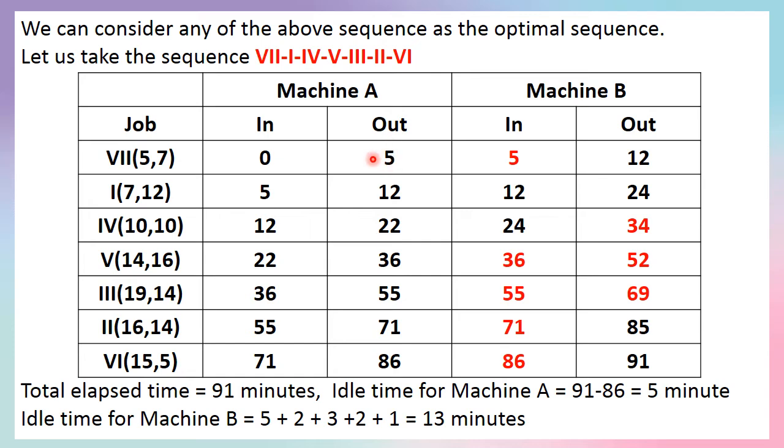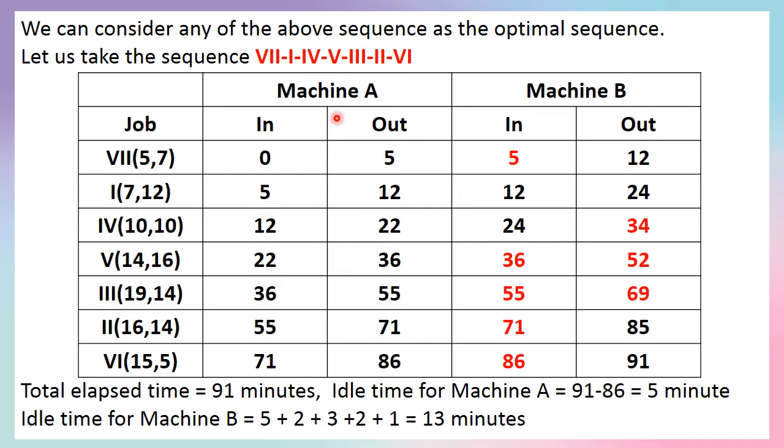So 5 is the out time, and immediately the job is transferred to machine B and its in time will be 5, because machine A finishes the job at 5 minutes, so machine B will start at 5 minutes. And it needs 7 minutes to complete this job, so 5 plus 7 is 12 minutes.